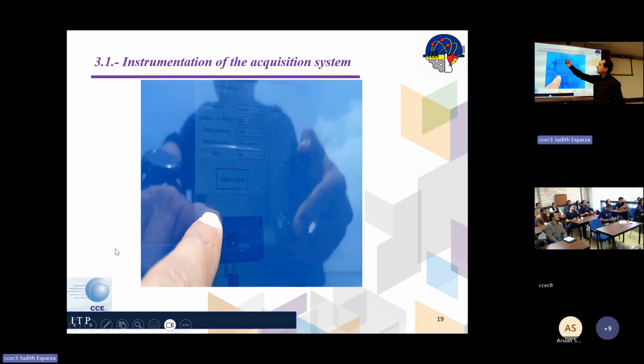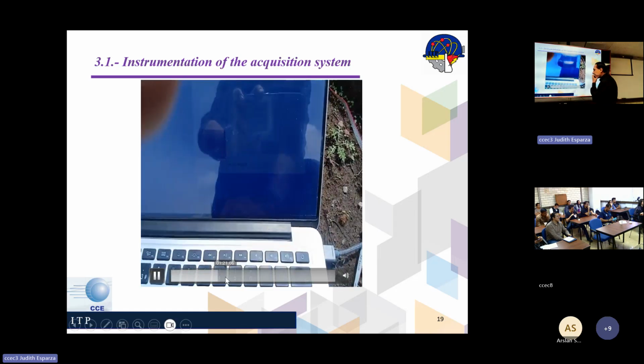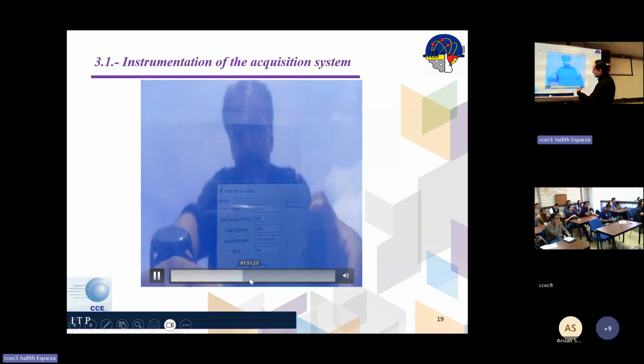The sensor is an accelerometer in this case. Time, port, and FFT. And when the program was running, in this part I can see this.